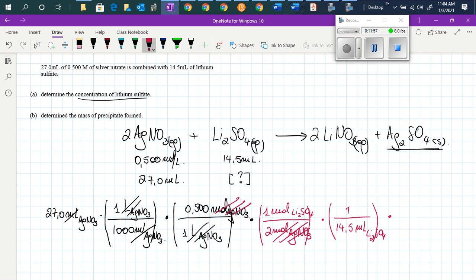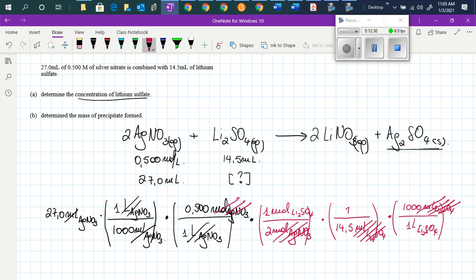But this is not how we express the concentration. The concentration is moles per liter. So let's convert the milliliters into liters. 1,000 milliliters of lithium sulfate is 1 liter of lithium sulfate. So milliliters and milliliters of lithium sulfate cancel out.